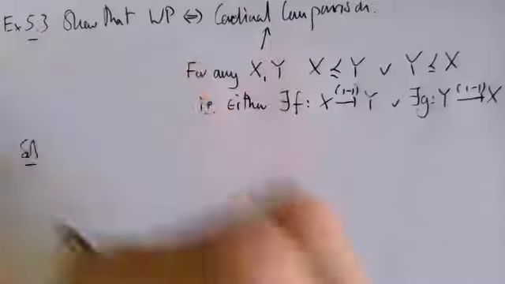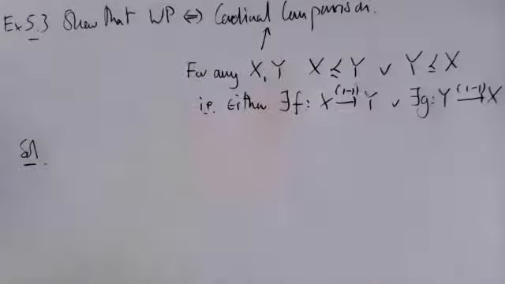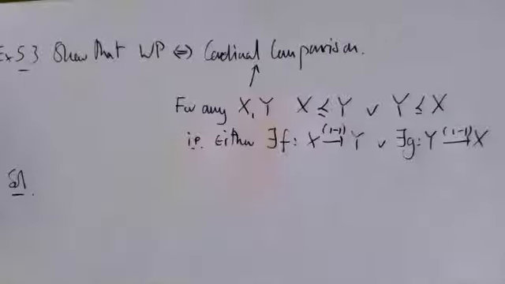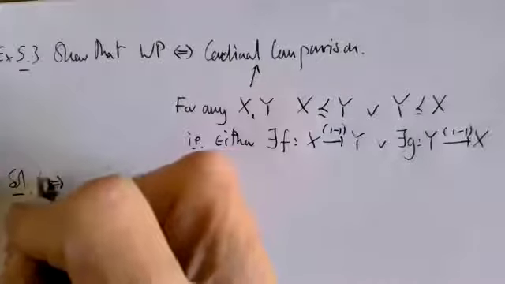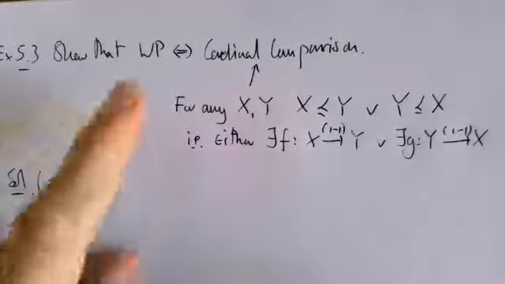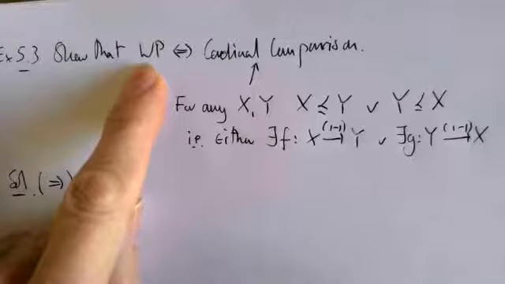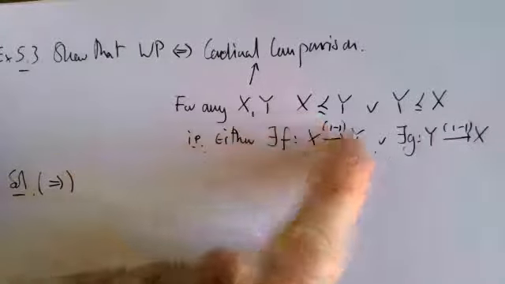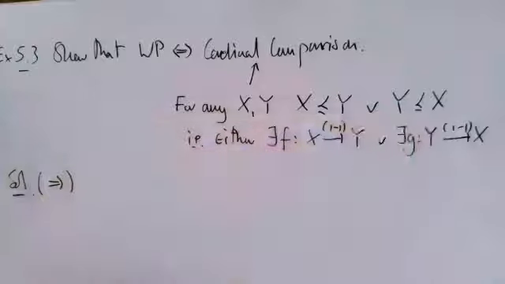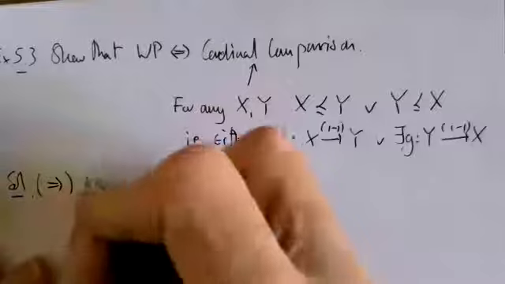Okay, so what can we do here? The well-ordering principle is useful for lining up any set with an ordinal. So if I line up my sets X and Y with ordinals, I've got a hope perhaps of finding some injective functions one way or another.